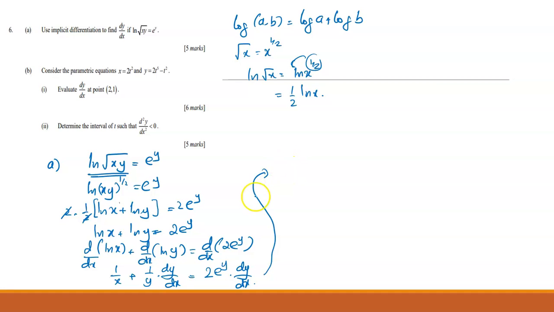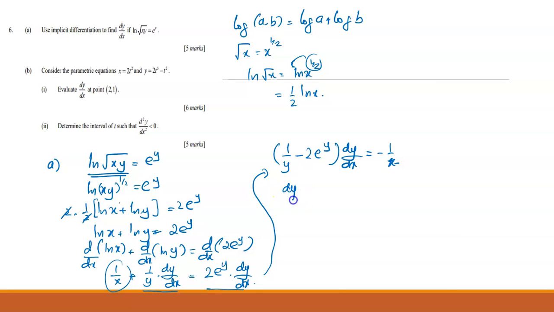The term with dy/dx, we leave on the left side, and this one, bring it to the other side. So factorize between these two, it's going to give you 1 over y minus 2e to the power of y, times dy/dx equal to negative 1 over x.